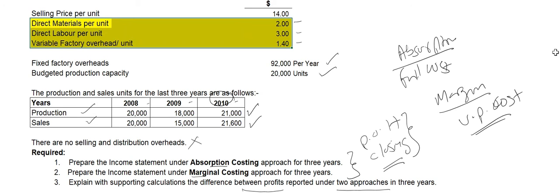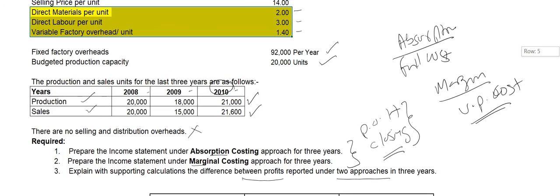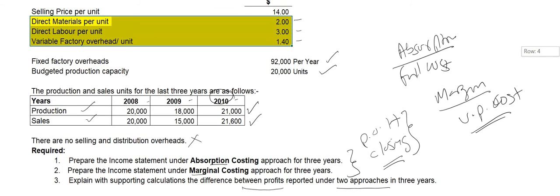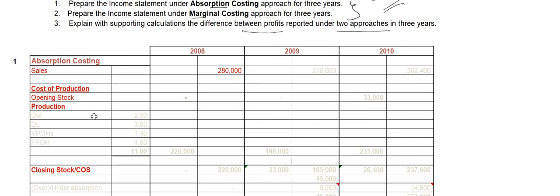So all these three costs will have to be taken first, which is $2, $3 and $1.4. When you take direct material, direct labor and variable production overhead, that total is 6.4.